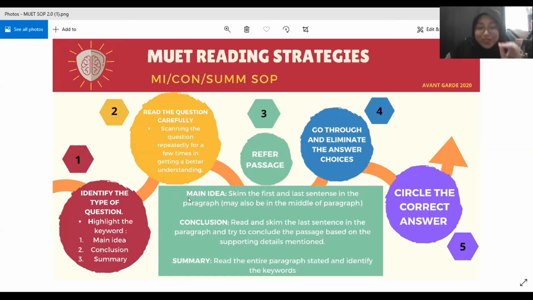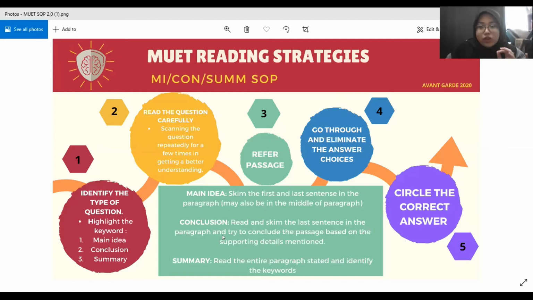If it asks for main idea, you need to skim the first and last sentence in the paragraph. However, it may also be in the middle of the paragraph, so you need to skim carefully. And if it's a conclusion, you need to read and skim the last sentence in the paragraph and try to conclude the passage based on the supporting details mentioned.